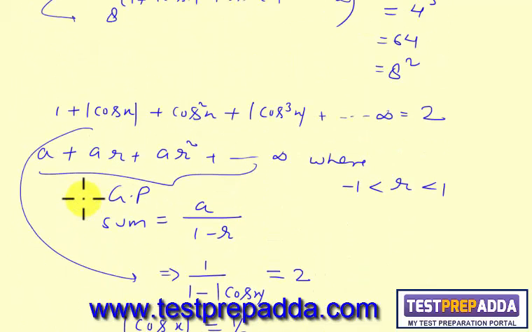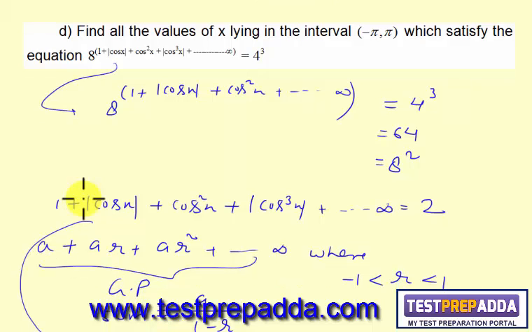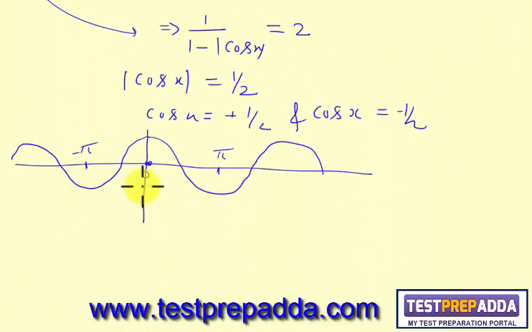The restricted domain is minus pi to pi. Okay, cos x is equal to half. Half is the value of cos pi by 3. Pi by 3. So obviously minus pi by 3 will also be the answer. Cos minus pi by 3 will also be half.